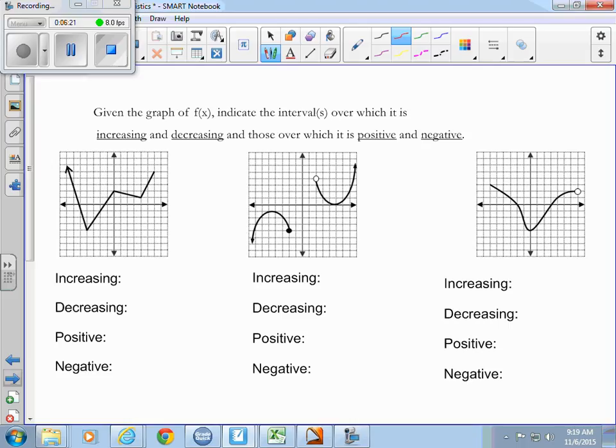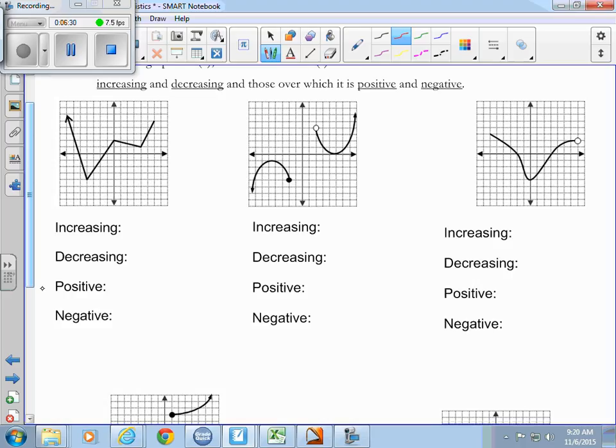Remember, we're going to read the graph from left to right. So, we are talking about increasing and decreasing. I'm going to use a red for decreasing and blue for increasing. Okay, so I'm starting on the left. On the left, am I increasing or decreasing? I'm going down, so definitely decreasing. Does everyone agree?